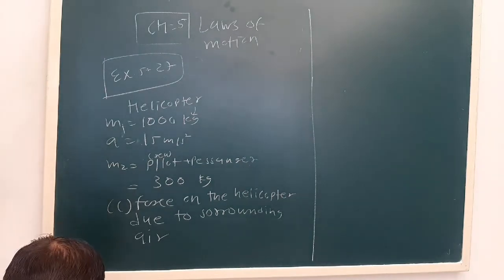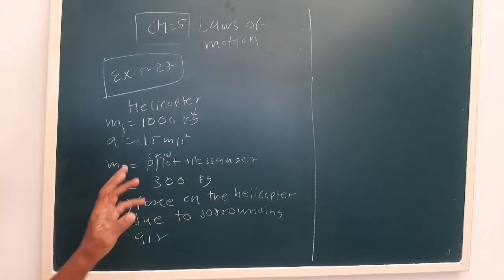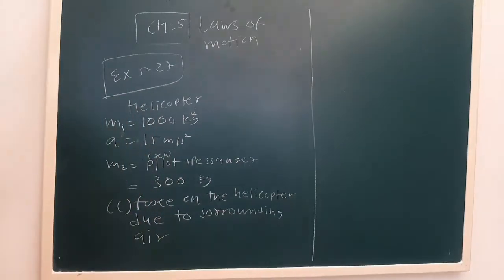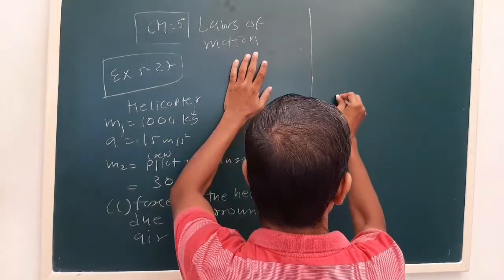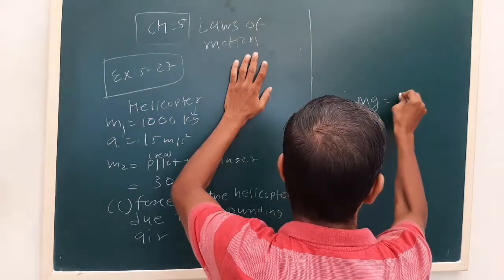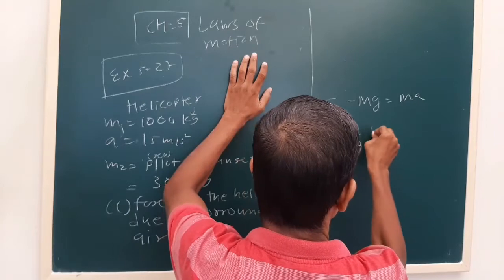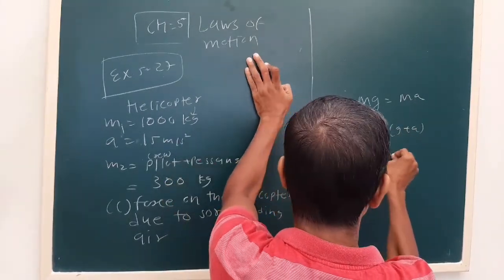So here, by Newton's third law, whatever the force was exerted by rotor on the surrounding air, same force will be acting on the helicopter due to surrounding air. So it will be again same equation. See, F minus mg is equal to ma. M is total mass, we have considered, F = m(g + a), that is 1300.